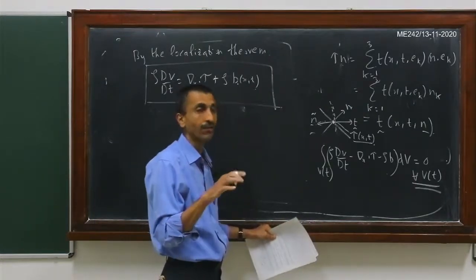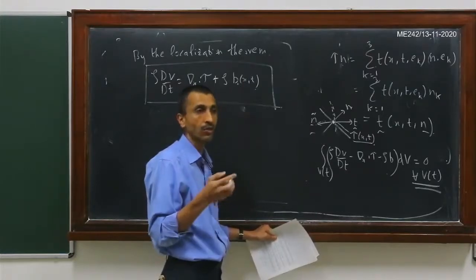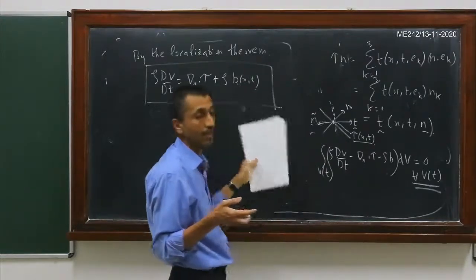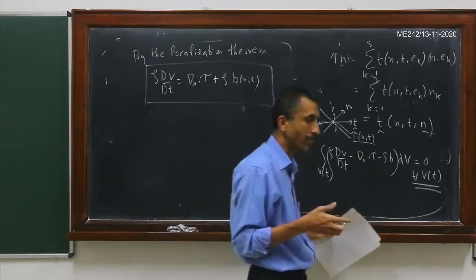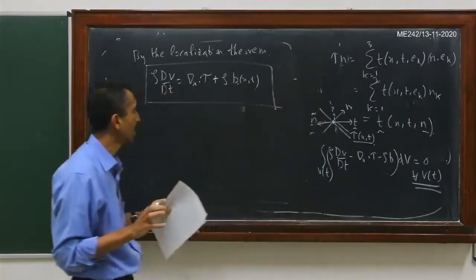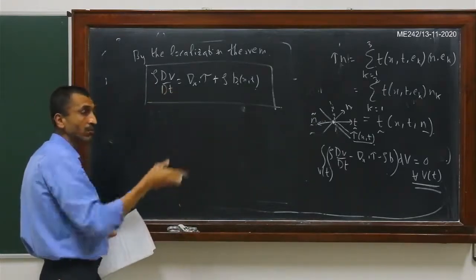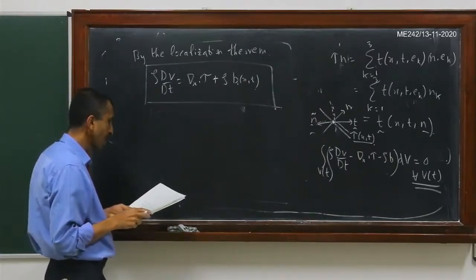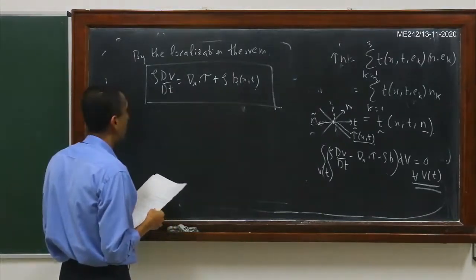You resolve each traction vector into 3 components, so the 3 traction vectors lead to 9 components. Later we will show that the stress tensor is also symmetric, but at this stage we cannot. Right now it has 9 components, but because of the symmetry we will show that it has only 6 components. We can also show the converse of this theorem.